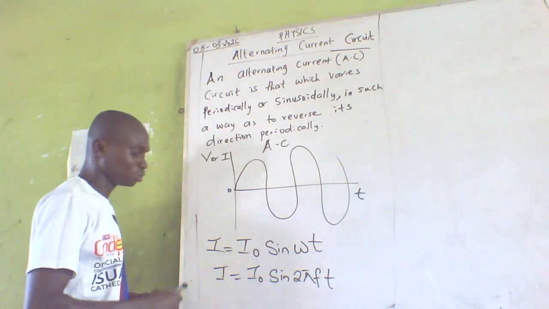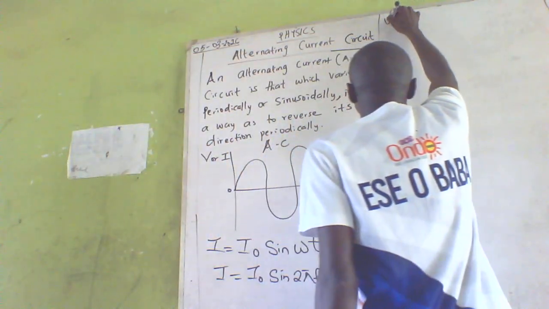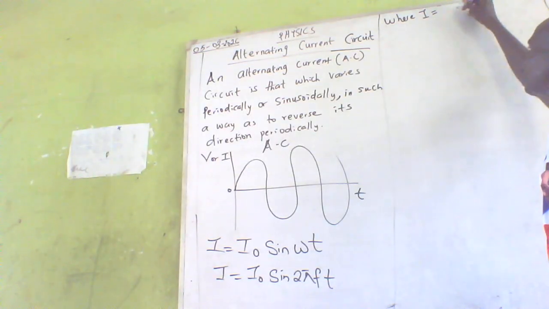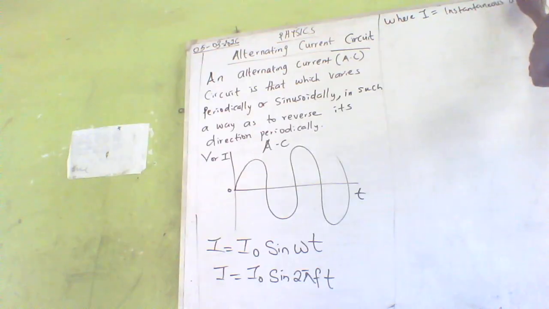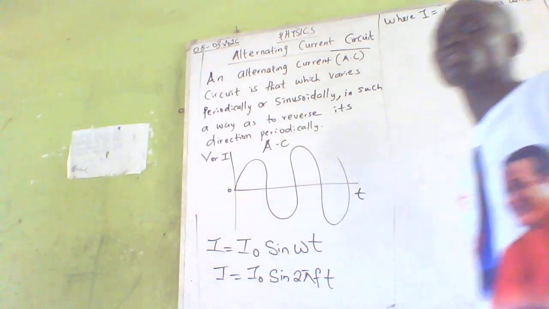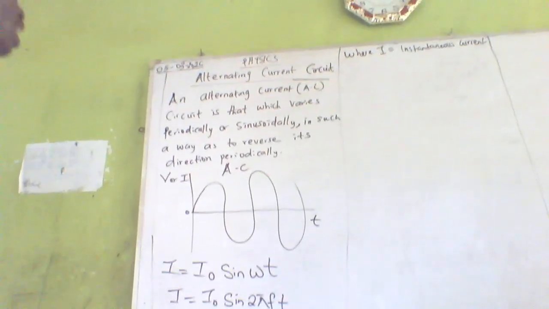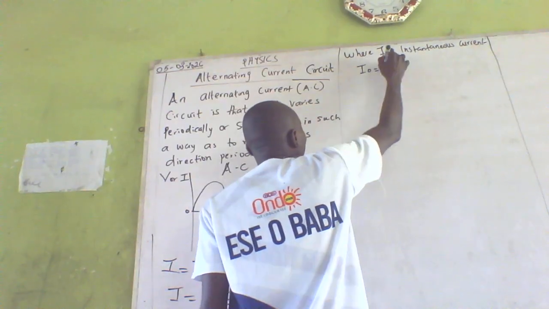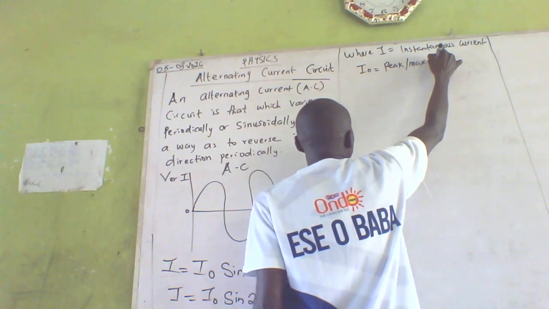So in this case, I is our instantaneous current, and I naught is our peak or maximum current.